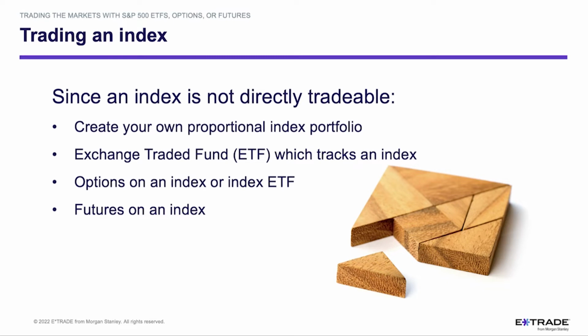You could think about options on an index or even options on an index ETF. Many of them have option strategies available for you. And then finally, if you're familiar with futures, you could consider buying or selling futures on an index. These are all considerations other than trying to create your own index.